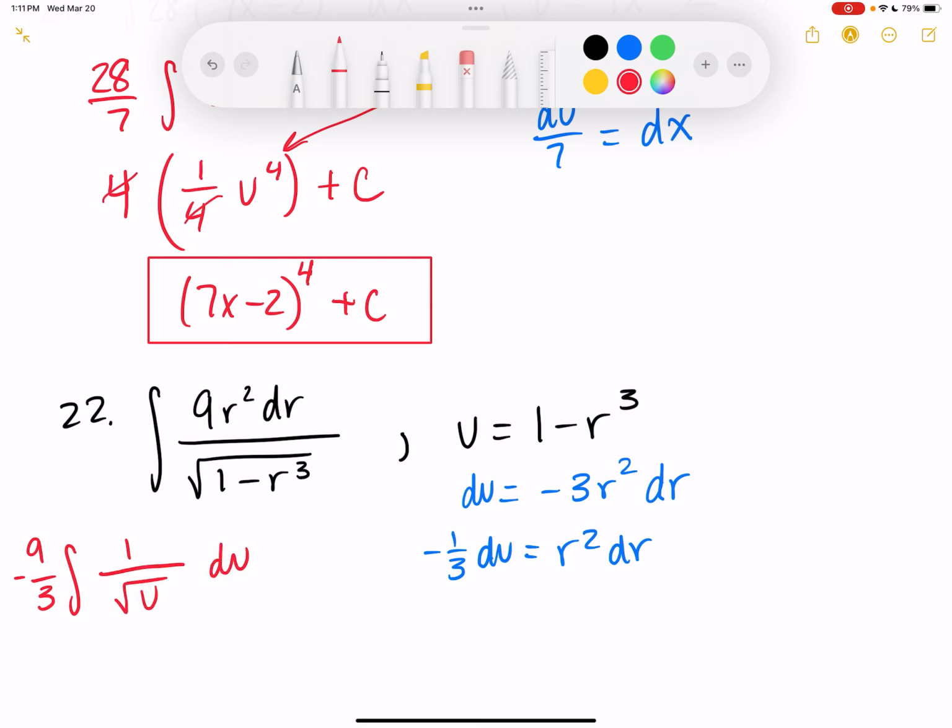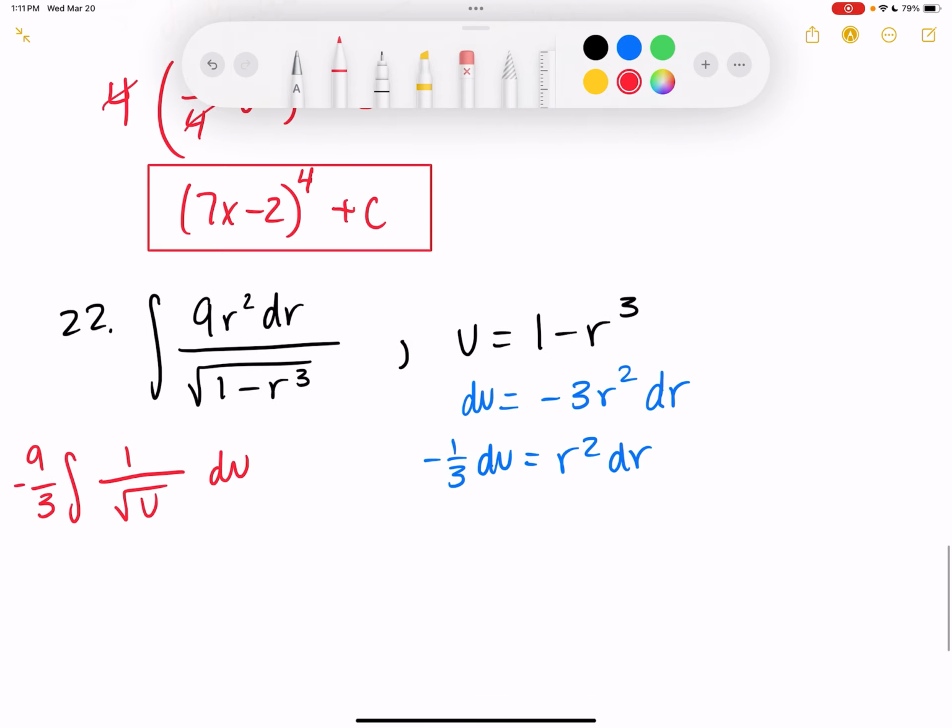I'm going to write it this way first, and then I'm going to go back and rewrite it in terms of the negative 1/2 part. So the negative 9 over 3 is negative 3 times the integral. 1 over the square root of u would be the same as u to the negative 1/2 du.